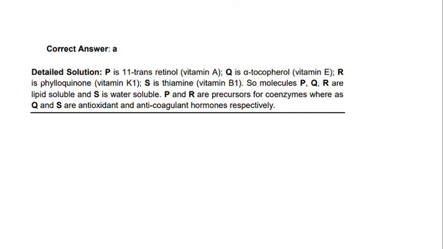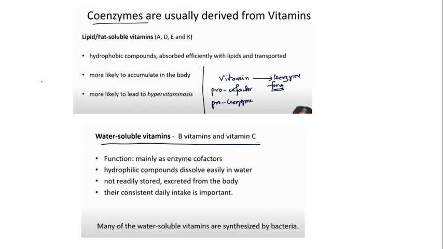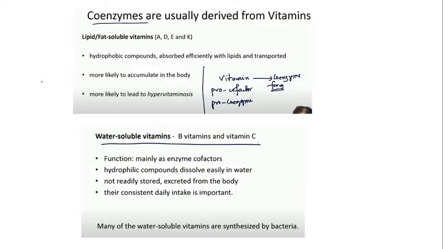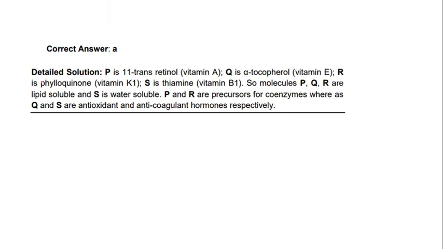P is 11-trans retinol. 11-trans retinol means vitamin A. Q is a tocopherol. So P is vitamin A, Q is vitamin E. R is vitamin K1. S is thiamine, that means vitamin B1.